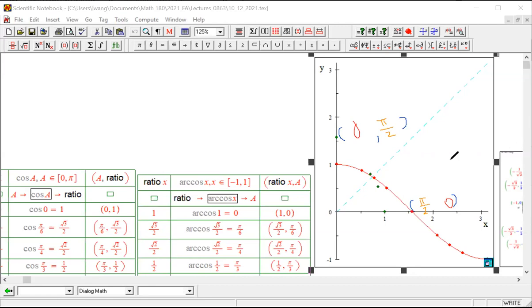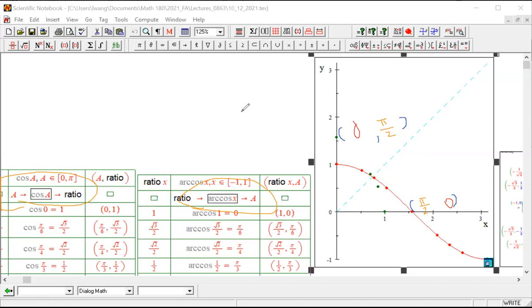The meanings are different. On the red, which is cosine, the input is angle, the output is ratio. Its inverse, the input is ratio, the output is angle. That's what we're trying to emphasize here. Do you guys follow me? Consistent, consistency.